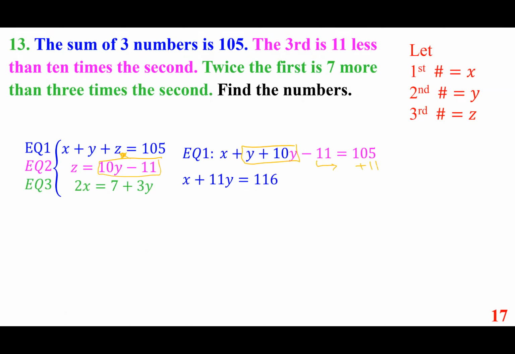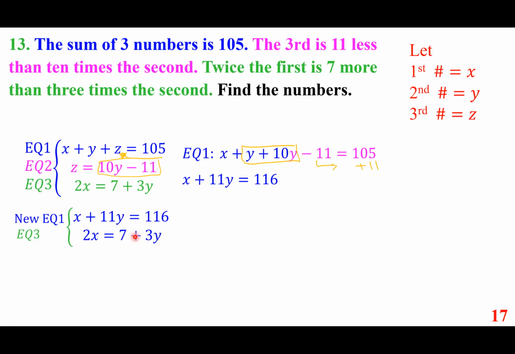So now I have two variables here, in equation 1 and equation 3. Equation 1 changed to this. This is a new equation 1, remember that. And equation 3, 2x equals 7 plus 3y, we're not changing that.